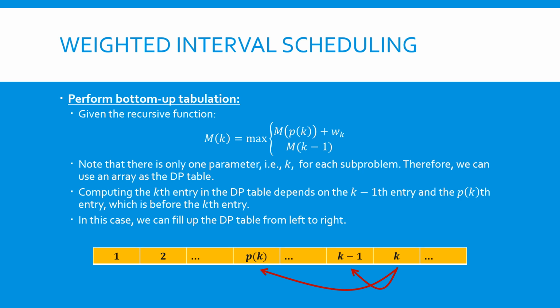Intuitively, the ith entry of the DP table will store Mi. Computing Mk depends on Mpk and Mk-1, both of which correspond to entries to the left of Mk. As a result, we can simply fill the DP table from left to right, ensuring that the solutions to all dependent subproblems are available when needed.